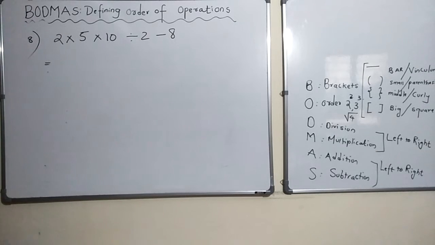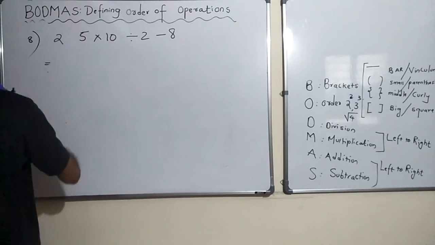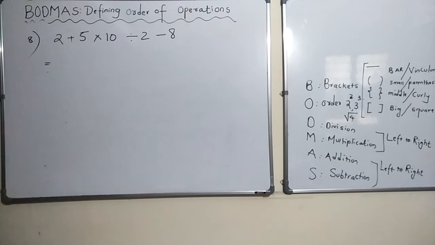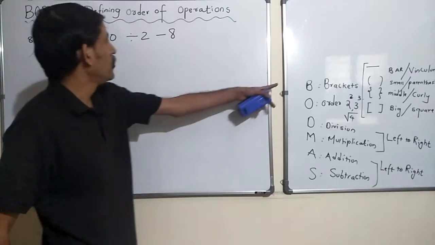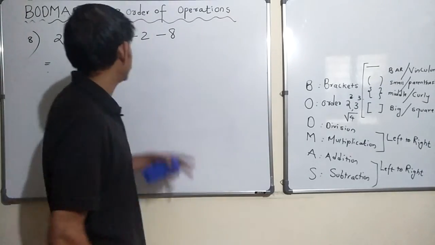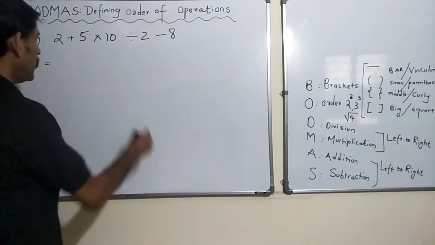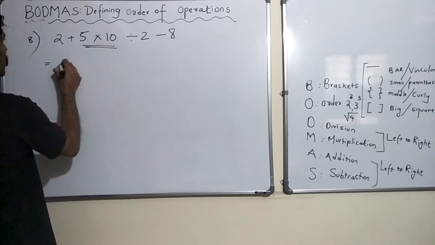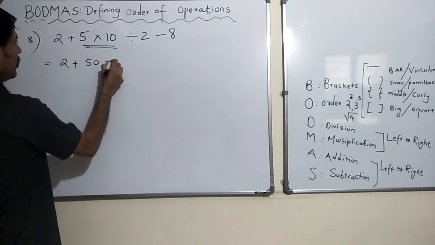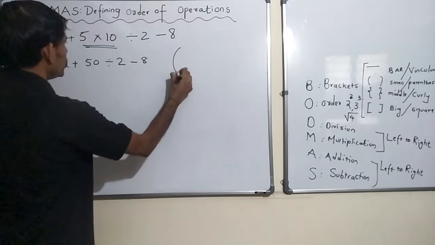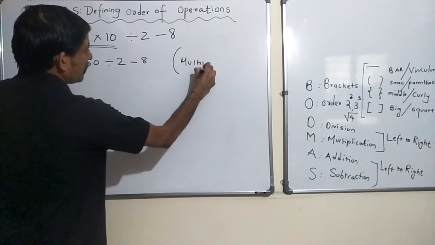Right. So let's solve this. BODMAS rule, no bracket, no order, division, multiplication are there, but we go from left to right. So we solve this first. 2 plus 50 divided by 2 minus 8. What did I do? Multiplication.